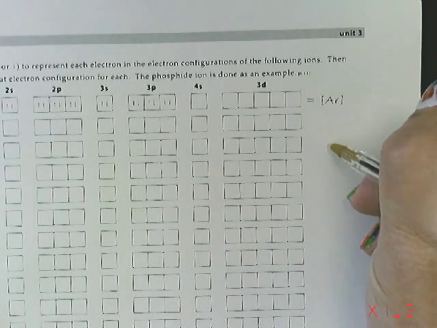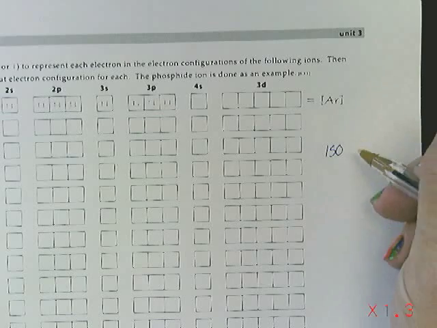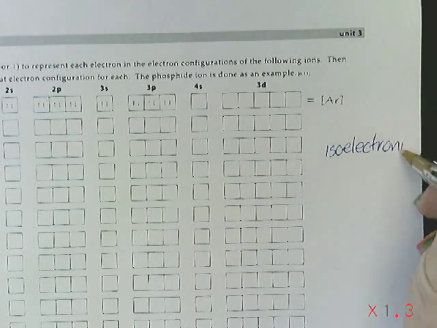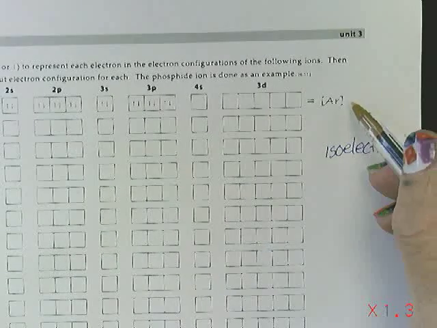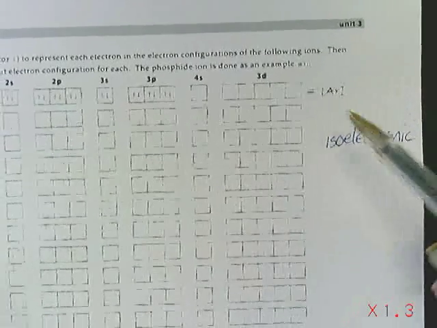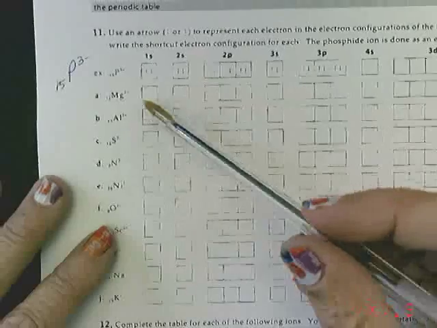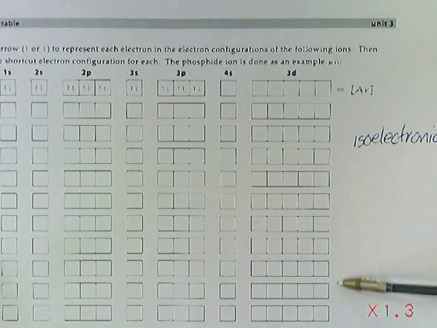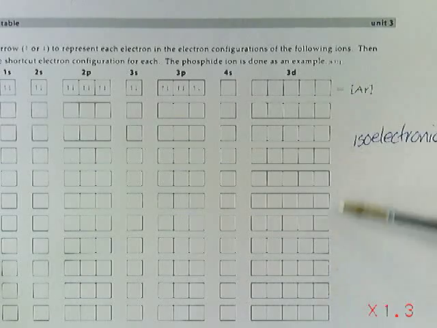When they have the same configuration, we call that isoelectronic: iso means same, and electronic means electrons. So same electrons as the neutral argon. And you'll notice when atoms become ions, they usually become isoelectronic with a noble gas because then they become stable.